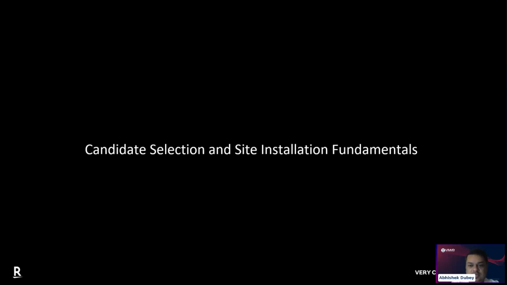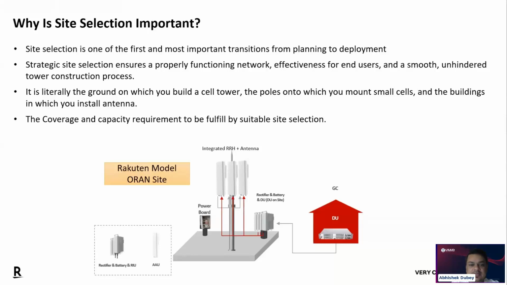All right, so let's start with the fundamentals of candidate selection and site installation. The first part is why site selection in an appropriate location is important. This is the first and most important transition from planning to deployment.